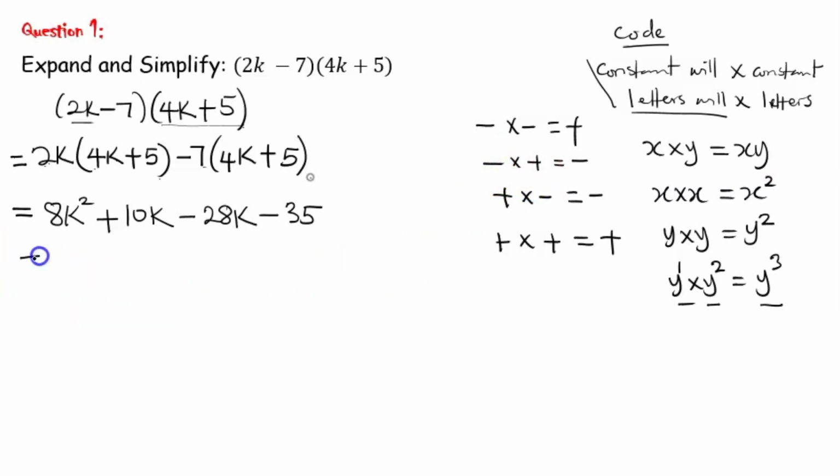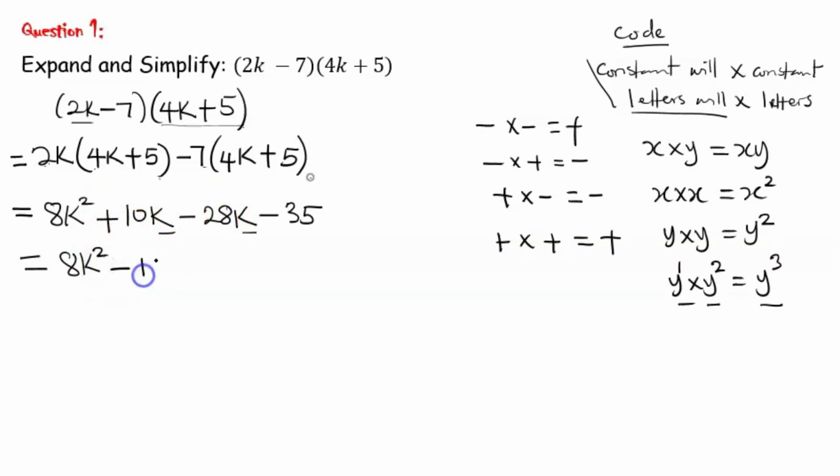Alright, so what do we do? We simplify this. Look at the like terms. I can see 8k squared. Is there anything that carries k squared again? No. So we can't have it there, but we have k terms. So these are like terms: 10, 28. You are owing 28, you have 10. So when you pay 10, you'll still be owing, right?